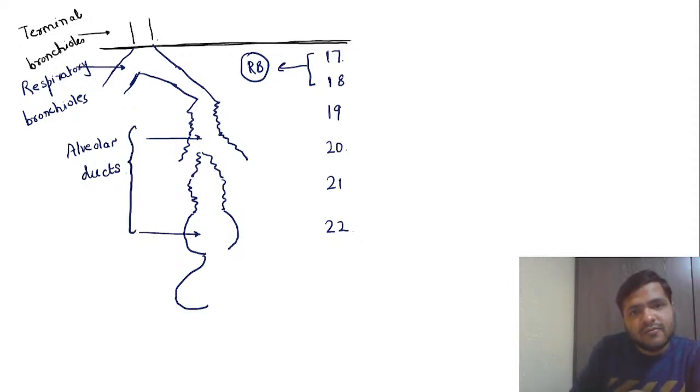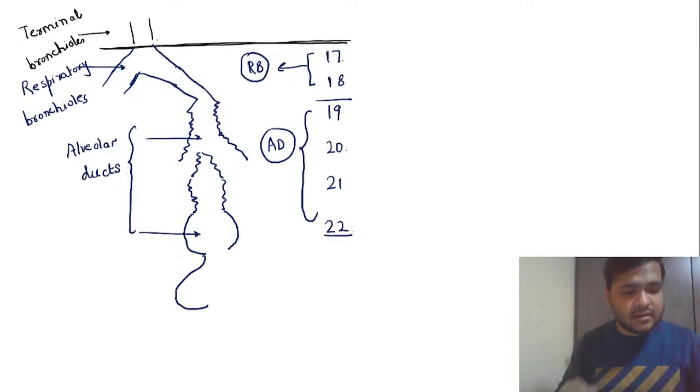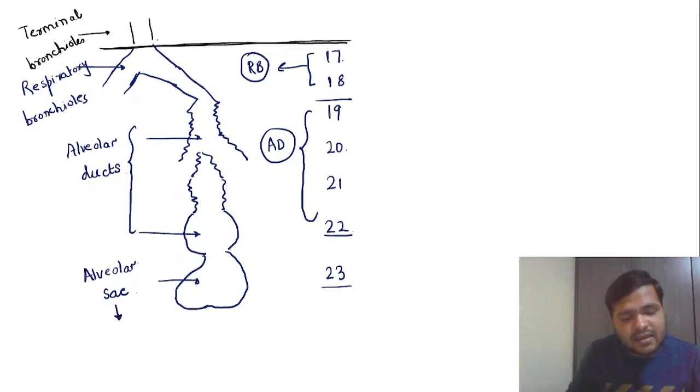So this is from 19 to 22; we have alveolar ducts. And later on, at the level of 23, remember, we have the alveolar sac. This alveolar sac is at the level of 23, and it is the functional unit of the lungs.